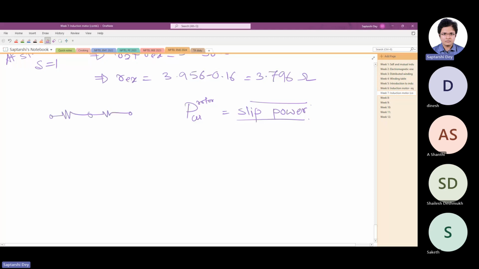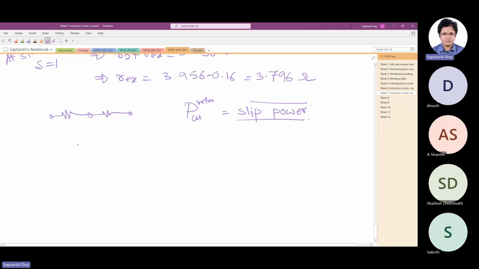Slip power increased, but that is a loss. We are getting some advantage, but the energy is lost. The machine does not understand whether the energy is lost in a resistance or goes somewhere else. What it can see is some power is being absorbed in the rotor, which is not going to the mechanical side.